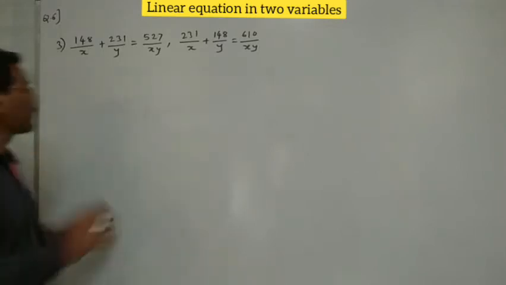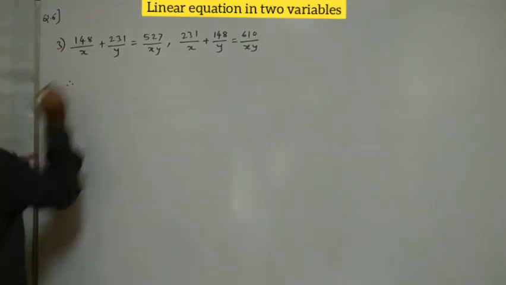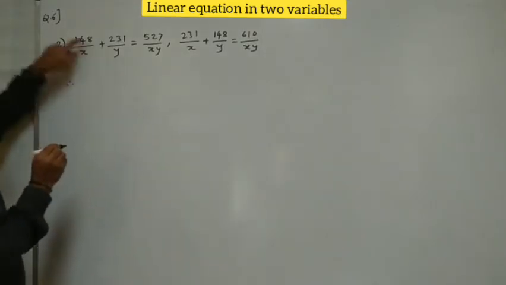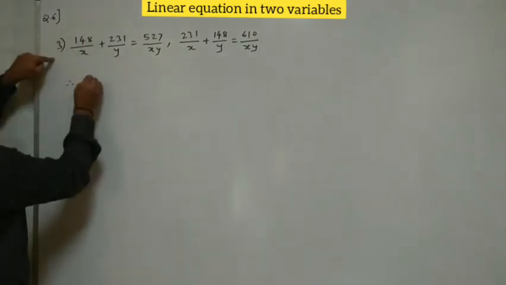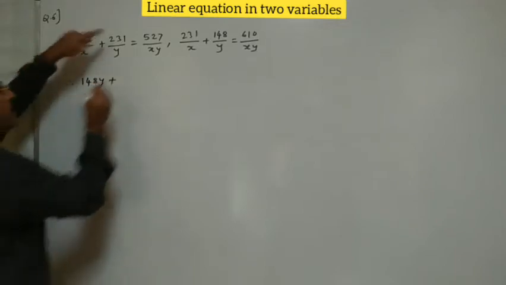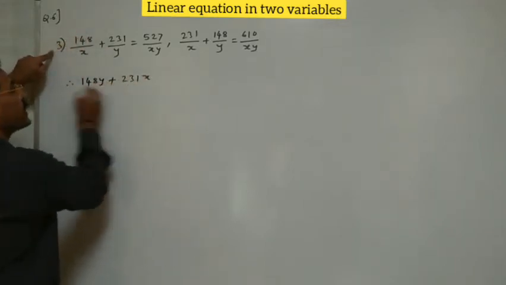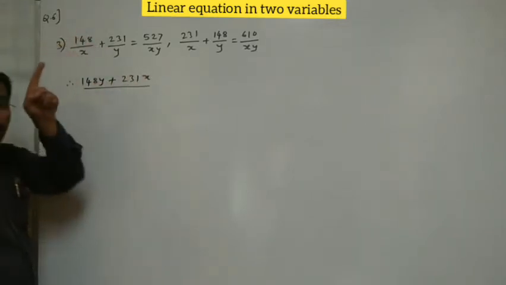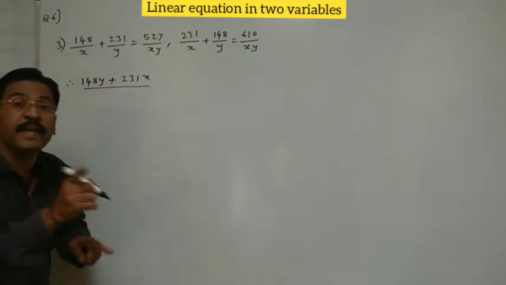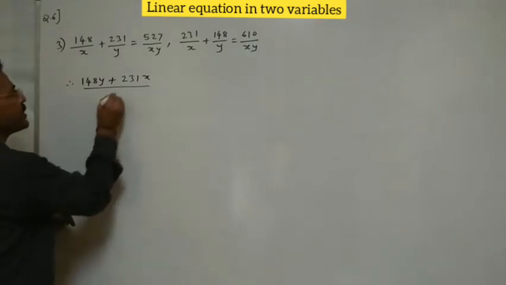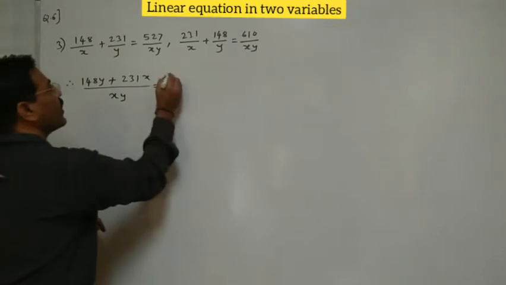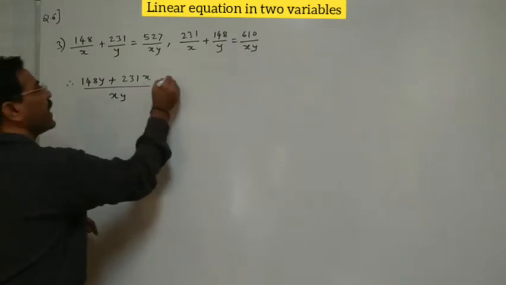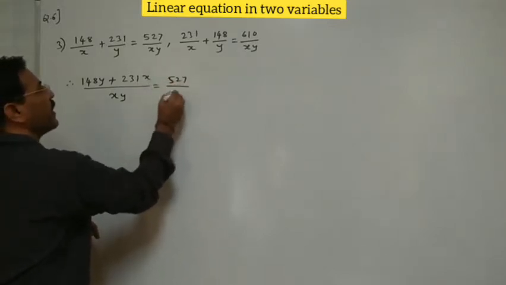Okay? Look here. Just try to do some cross multiplication here. What will we get here? 148y, is it correct? Plus 231x. But don't forget to multiply by their denominators. Here it is xy. On that side the denominator xy is already there.